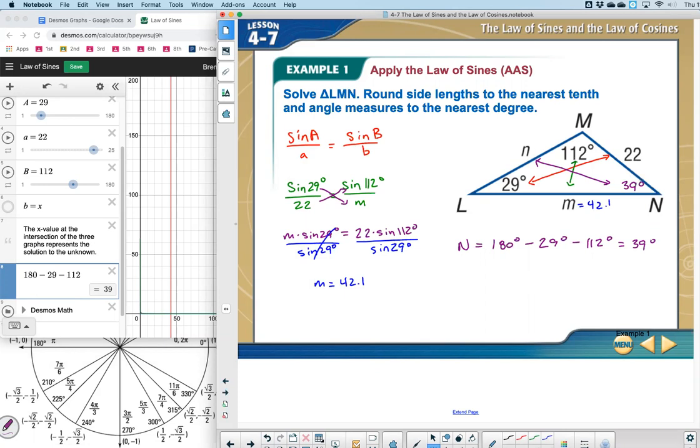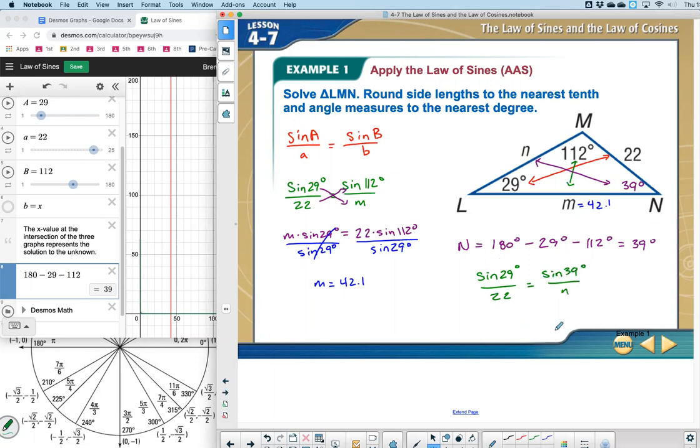So now if I wanted to do it by algebra, I would do the same relationship that I had up here, except this time I'm going to take my sine of 29. I'm going to take this completed set again, sine of 29 over 22, and I will set it equal to sine 39 over n.